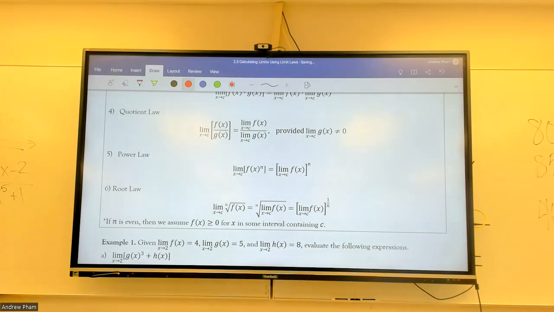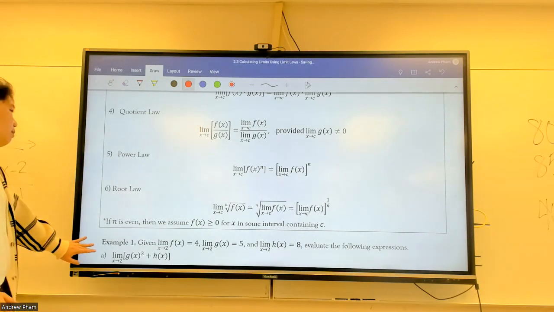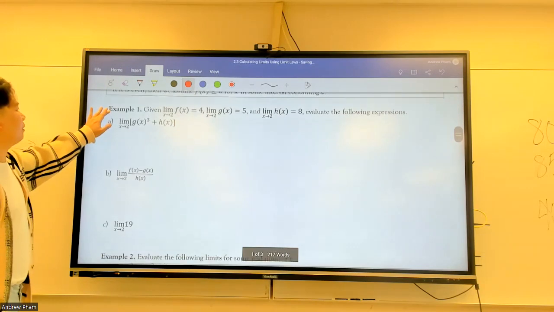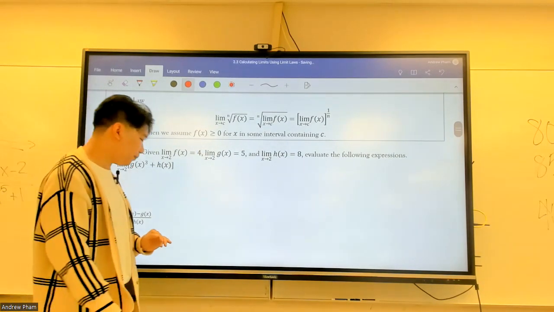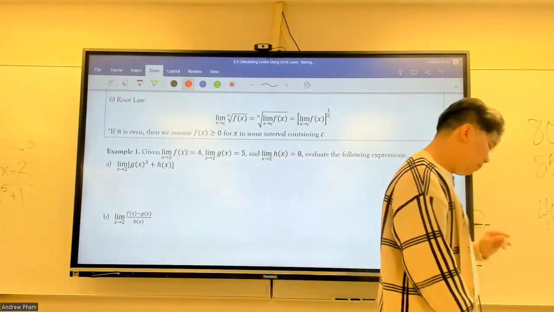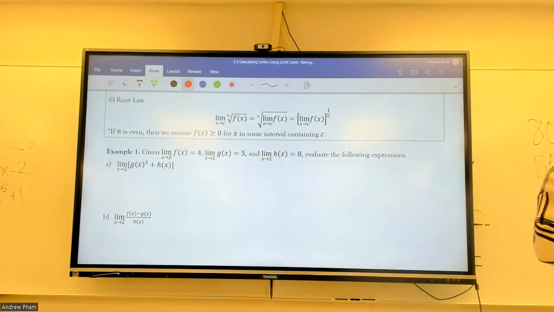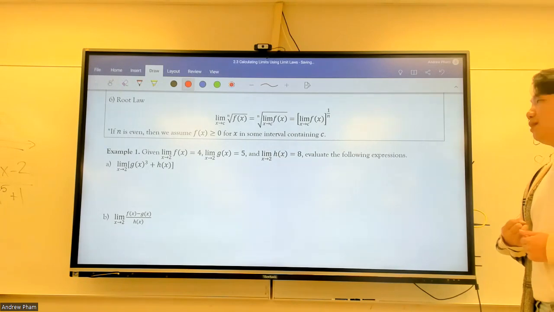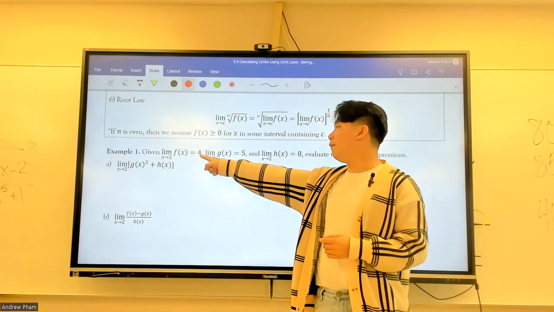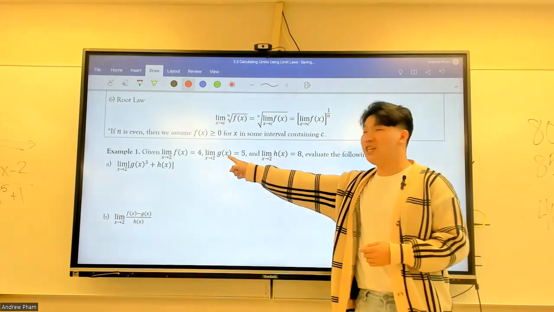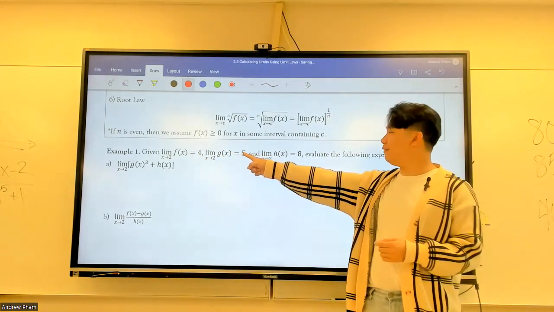All right, so now that we know these limit laws, let's do our first example for today. I'll leave this right here in case anyone was copying that last one. So example 1, I'm going to be giving you a couple of limits. Let's say the limit as x goes to 2 of f of x is 4. The limit of g of x is 5.